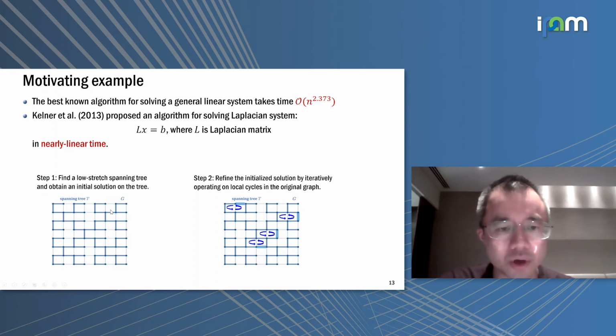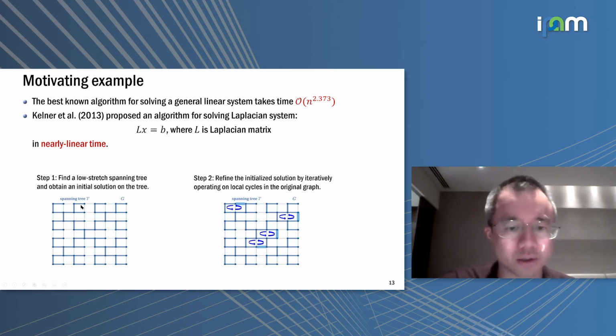Essentially, it's a spanning tree of the graph, but the distance between two nodes is approximately preserved to a certain degree. There's also a near linear time algorithm to produce these low stretch spanning trees.